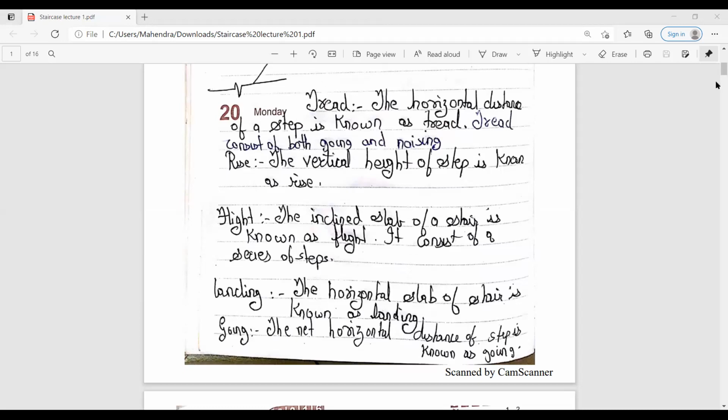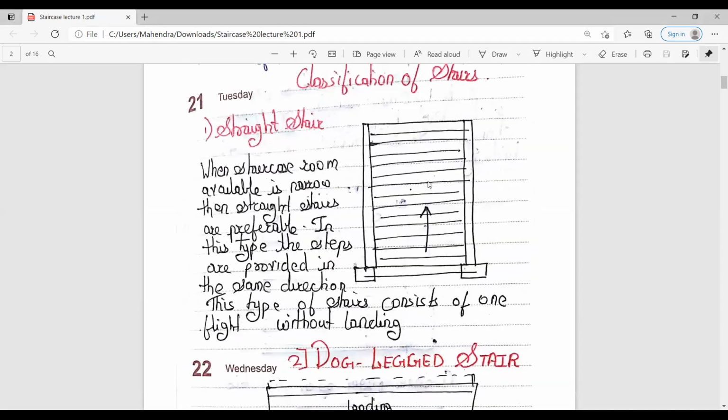So in this straight stair, there is only one flight without landing. On a single flight, there are all treads as well as risers. These types of straight stairs are provided in the same direction. Mostly, if there is a narrow space available for the staircase room and we do not have more space, at that time we provide this type of stair with only one flight without landing.